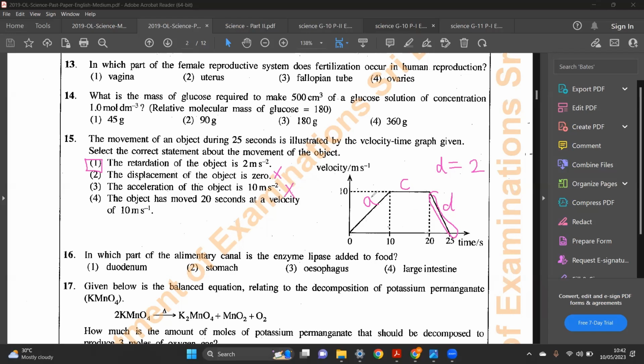Acceleration is also not 10. If you calculate for this part, the acceleration, it's 10 divided by 10, 1. And velocity of 10, that is the fourth answer is talking about this portion of the graph. So this is taking place not for 20 seconds, but for 10 seconds. Just because you see the 20, don't get confused. 20 minus 10 is 10 seconds. Okay, so therefore, answer 1.